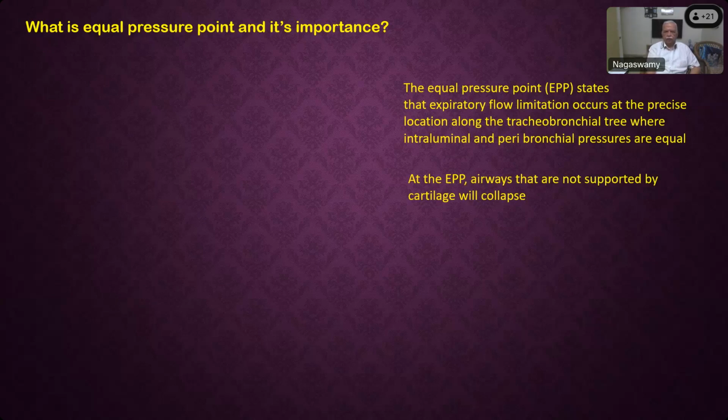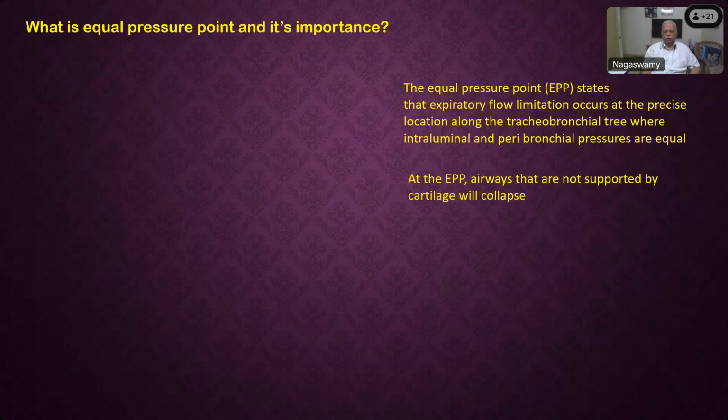So equal pressure point is where the intraluminal and peribronchial pressures are equal. And at what part of the tracheobronchial tree it happens is very, very important. In a normal patient, where will it happen? Where will the intraluminal and peribronchial pressures become equal in a normal healthy patient's tracheobronchial tree?